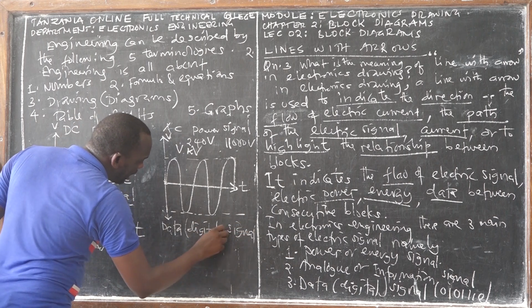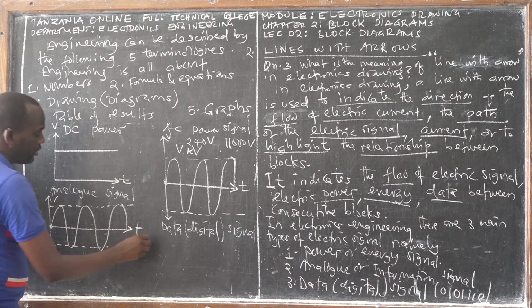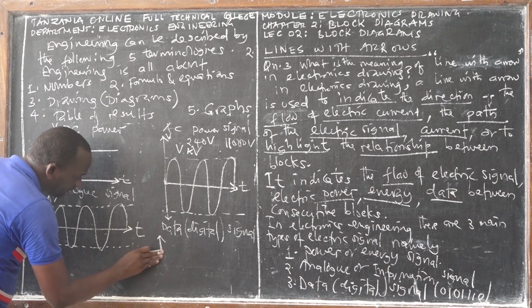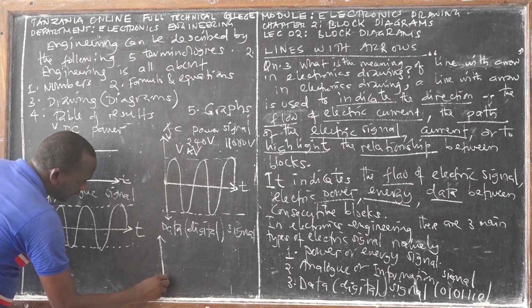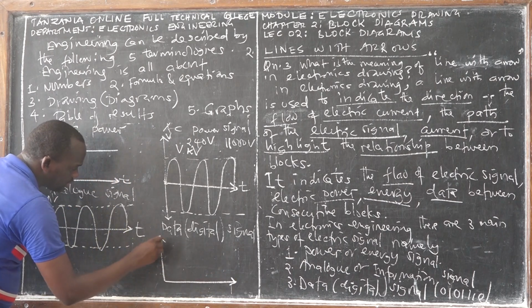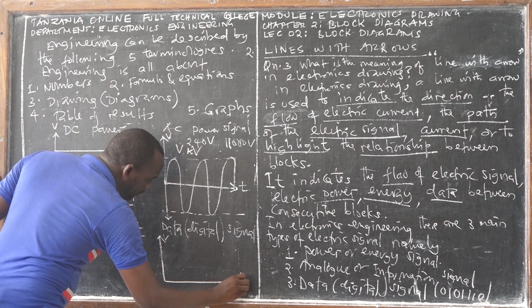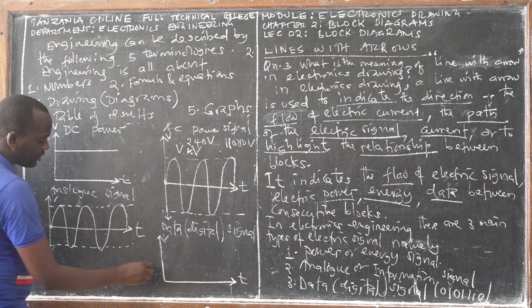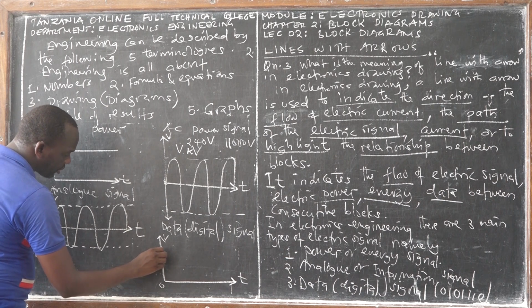So the nature of data or digital signal. If you draw the waveform of the digital signal, in vertical axis you have voltage, horizontal axis we have time. This is 0. So you have this one.